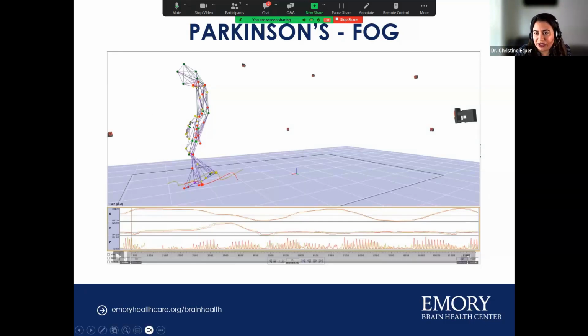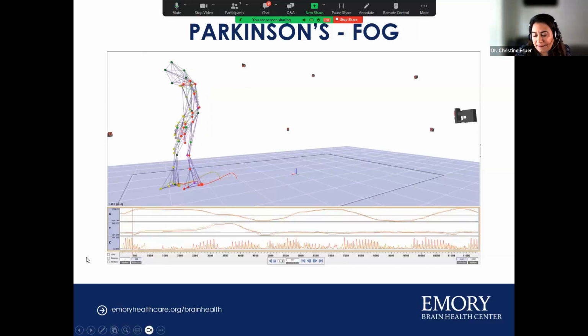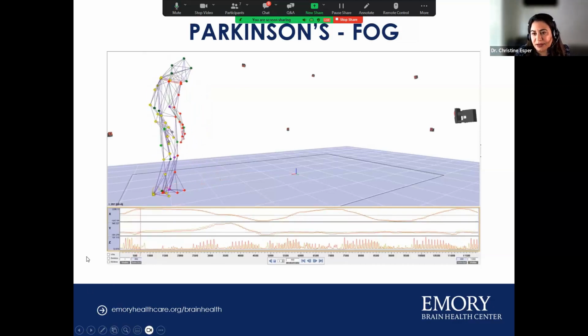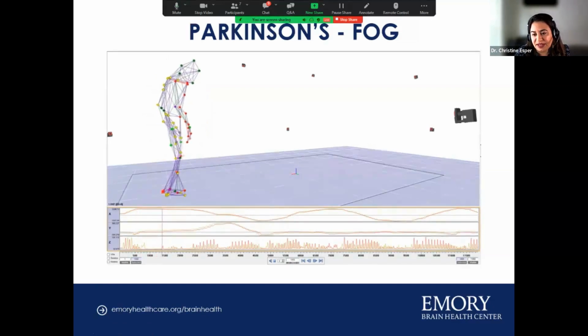So I'll show you a video here of one of our skeletal models of a patient with freezing of gait. And if you focus here on the Z row, you will see the areas where it's quite flat. And this is where the patient is freezing. Here's an example right now of the patient freezing. There's this hesitation. It's like the feet are glued to the floor.